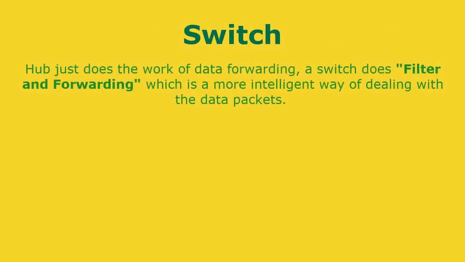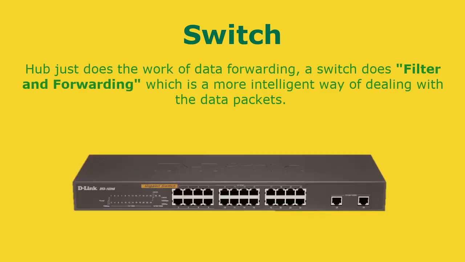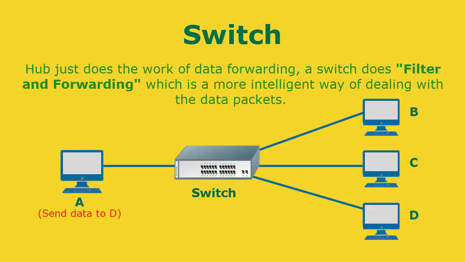A switch is more intelligent than a hub. While a hub just does the work of data forwarding, a switch does filtering and forwarding, which is a more intelligent way of dealing with the data packets. So when a packet is received at one of the interfaces of the switch, it checks the destination address and transmits the packet to the correct receiver.